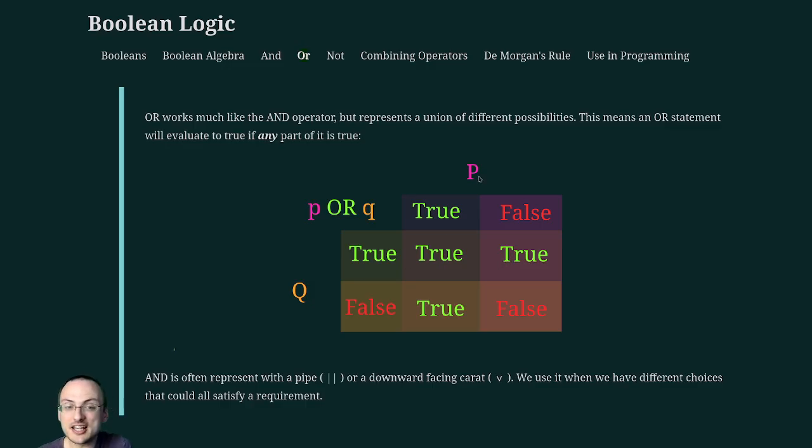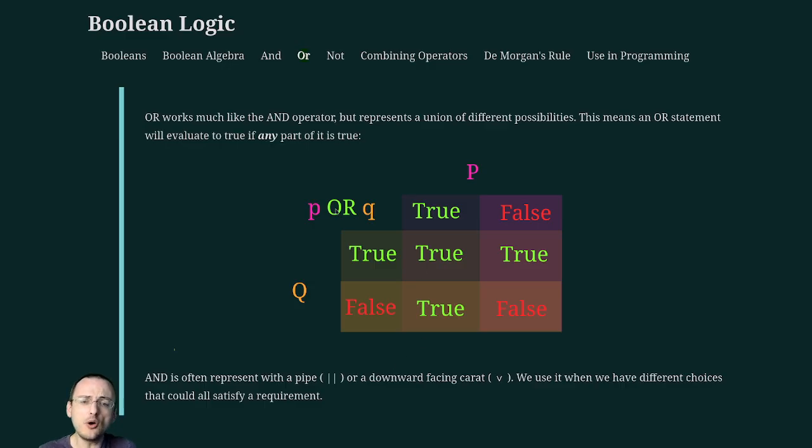What that means is if P is true and Q is false, or Q is true and P is false, we actually still get a true answer. And there's only one way we could end up at false with our OR operator. And that is if every single condition is not met, this one isn't met, and that one also isn't met. Then you had multiple chances, none of them worked out, the pizza party is canceled, and the class weeps.